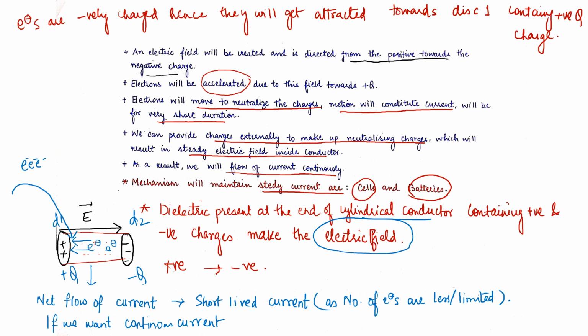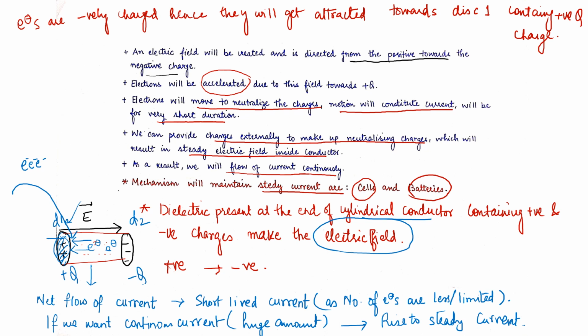These electrons will again start neutralizing the whole system and will tend to move towards the plus Q disc. As these charges are coming from outside in a very huge amount, they will create a steady current. So this is the phenomenon of how current is generated and used in our day-to-day life.